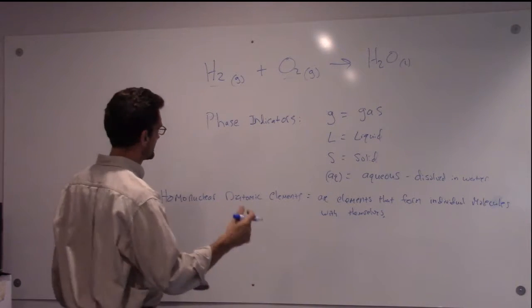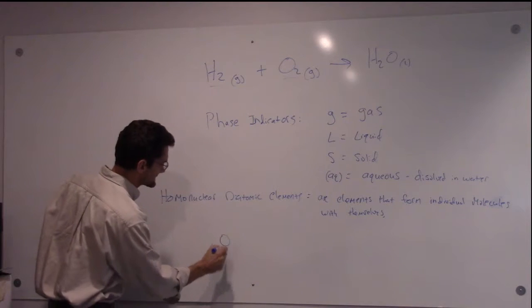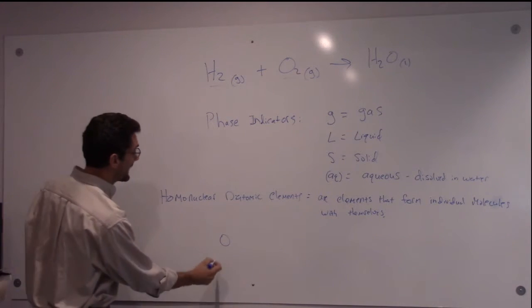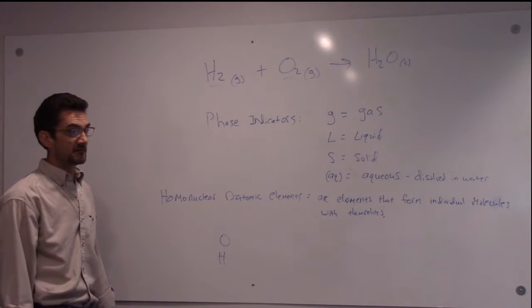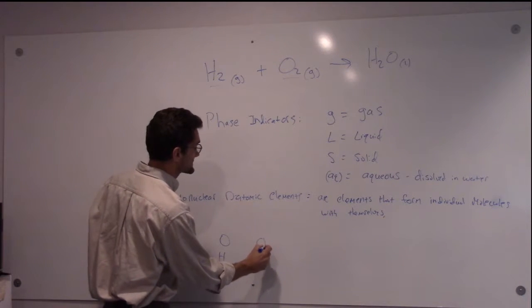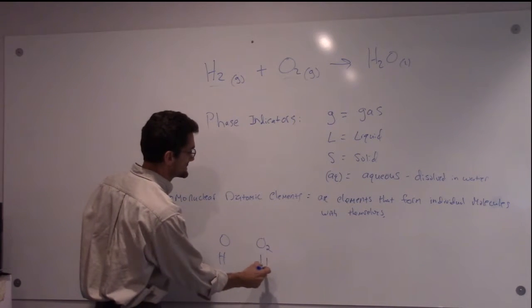You will never, well, never say never, you will never see most of the time oxygen just by itself or hydrogen floating around by itself. You will always see oxygen paired with another oxygen or hydrogen paired with another hydrogen.